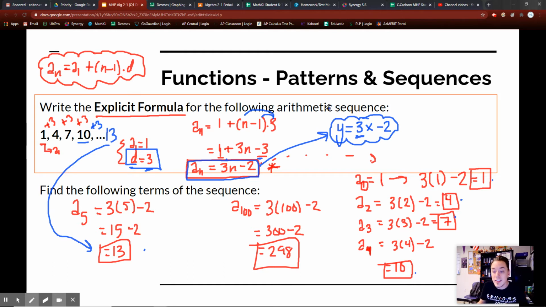But if we put this in linear slope-intercept form, what is this 3? You should all be saying, Mr. Carlson, that's your slope. So if my slope is 3, and I know that this linear function is the same thing as this arithmetic sequence, what is my common difference? It is my slope. My common difference is slope, the constant rate of change. That's what slope means. A constant rate of change is the same thing as a common difference with sequences.